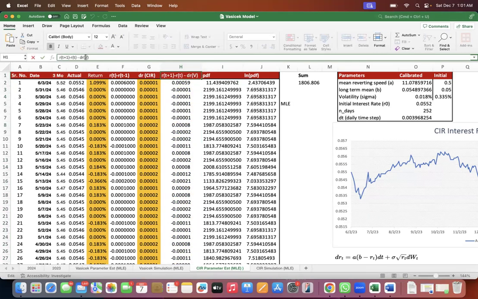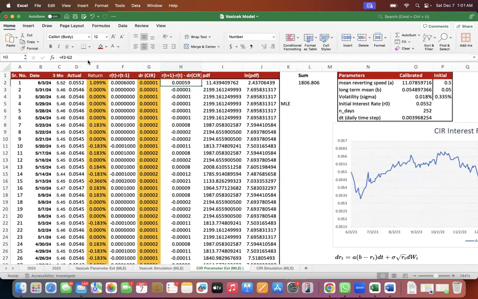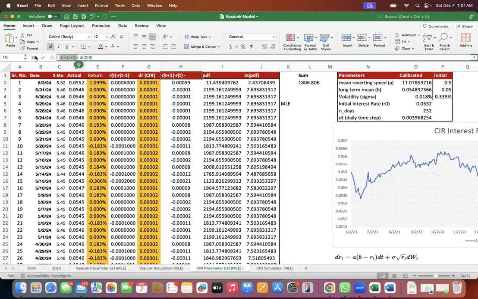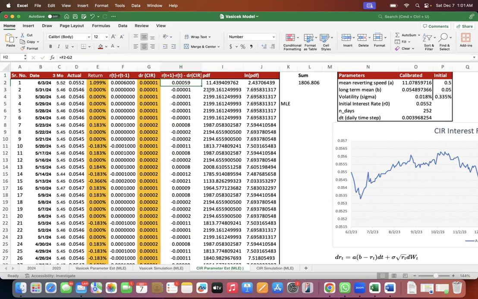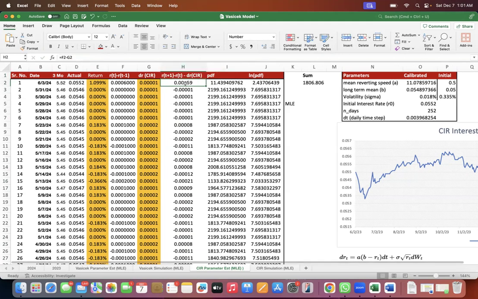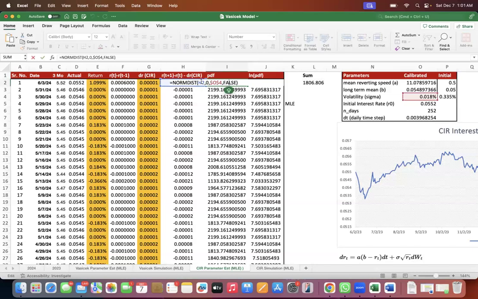Let me update the CIR. This RT is your column F, and this is your column G. H2 is my residual, and it's normally distributed with a mean of 0 and a certain standard deviation.